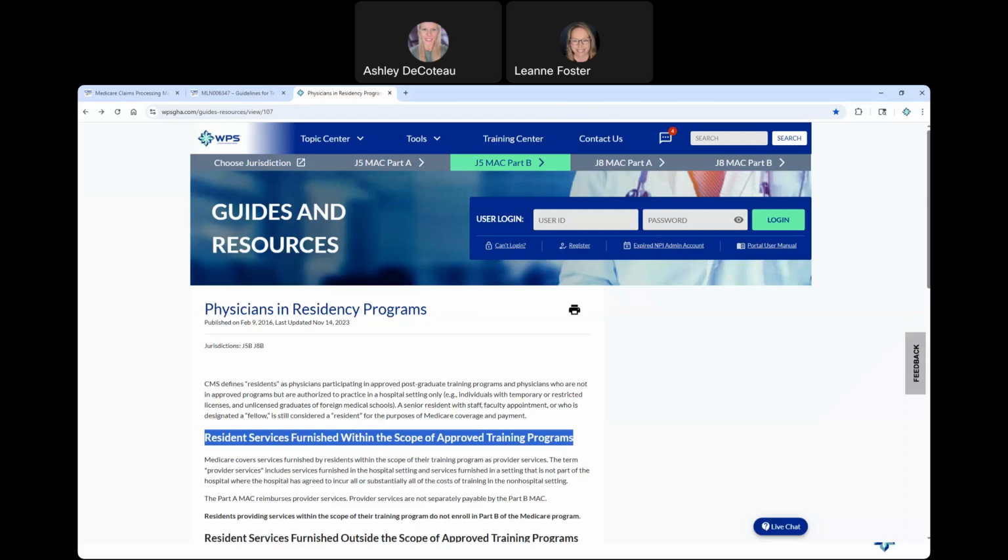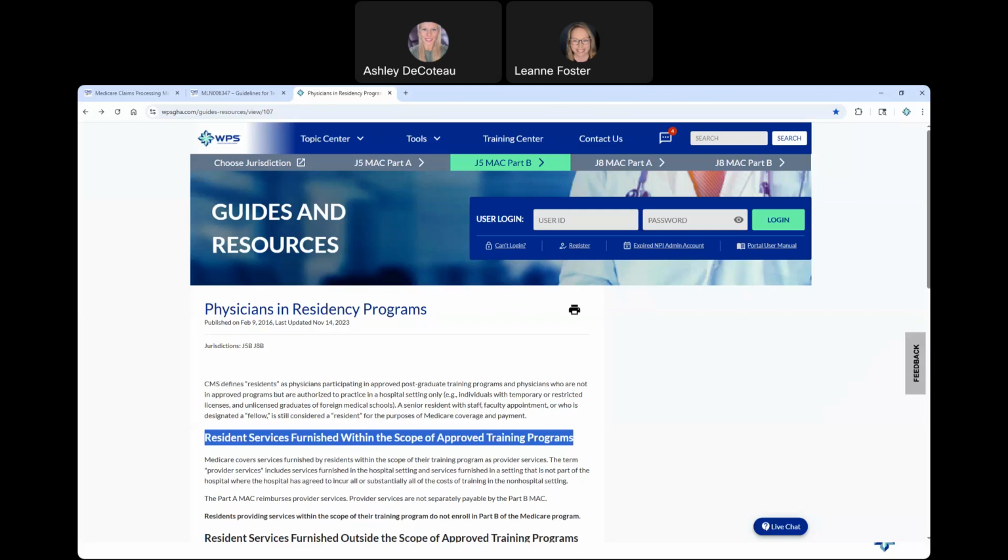And this ties into what I covered early in the presentation, where the hospital is then responsible for paying the resident's salary and fringe benefits. For E&M services that are provided in part by the resident, and the teaching physician is physically present and responsible for the care of that patient, those are situations that we talked about where the teaching physician may bill for that E&M service with the GC modifier.